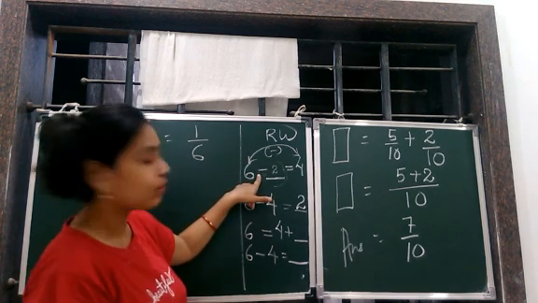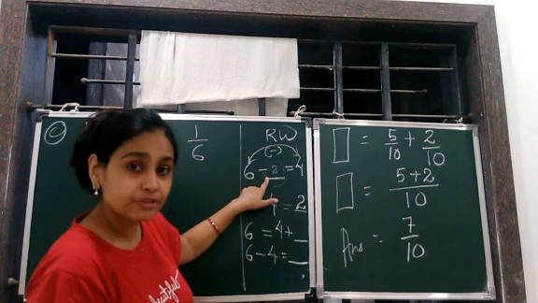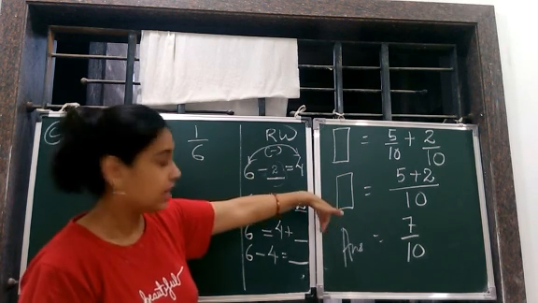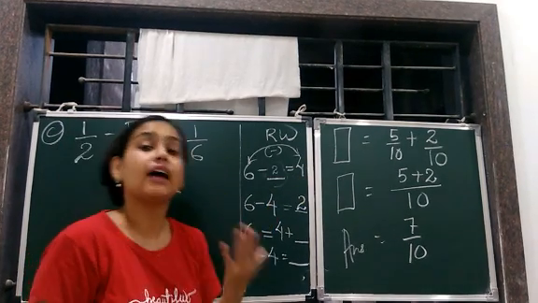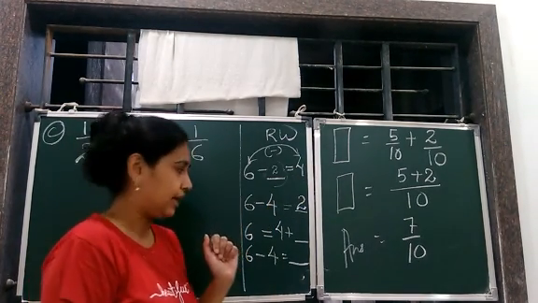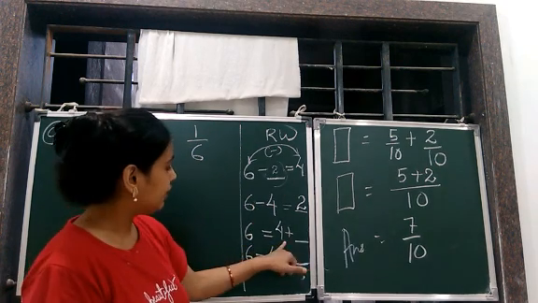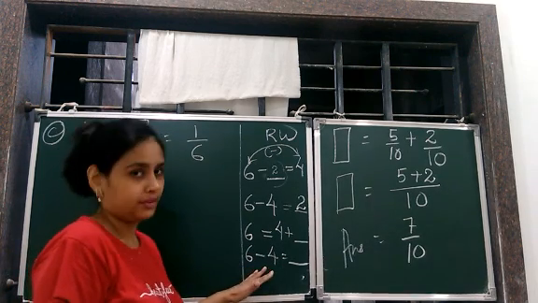So first thing, what did we do? First thing we removed the minus from the blank by shifting the blank to the right side. Then we brought this 4 this side to find out what will come in the blank. So first this blank became positive, and then this 4 shifted to the LHS, and then this became negative.